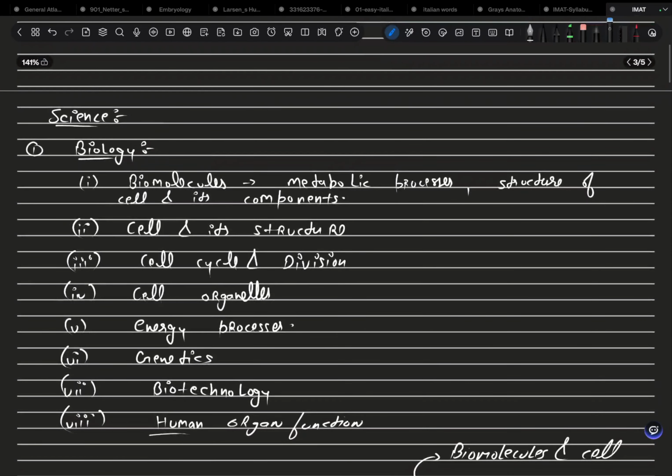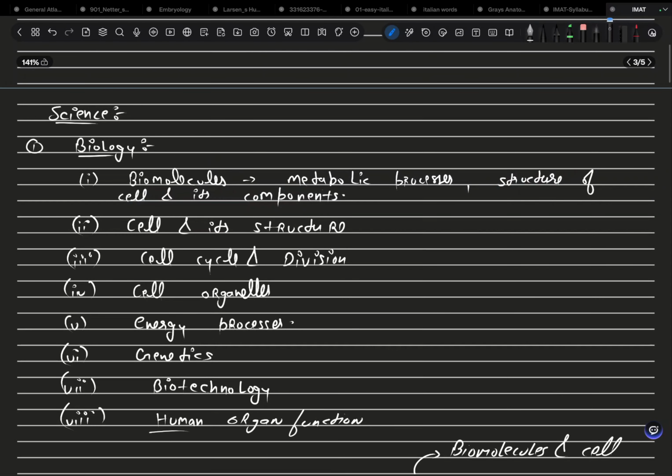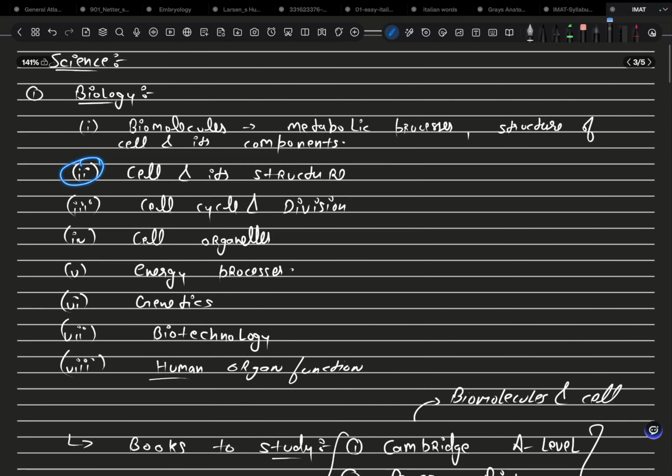The first thing we will study is the biomolecules found in a living being, how the metabolic processes work, and the molecular structure of different organelles of the cell. Then we will study the cell and its structure, different kinds of cells like eukaryotic and prokaryotic, and the differences and similarities between them.